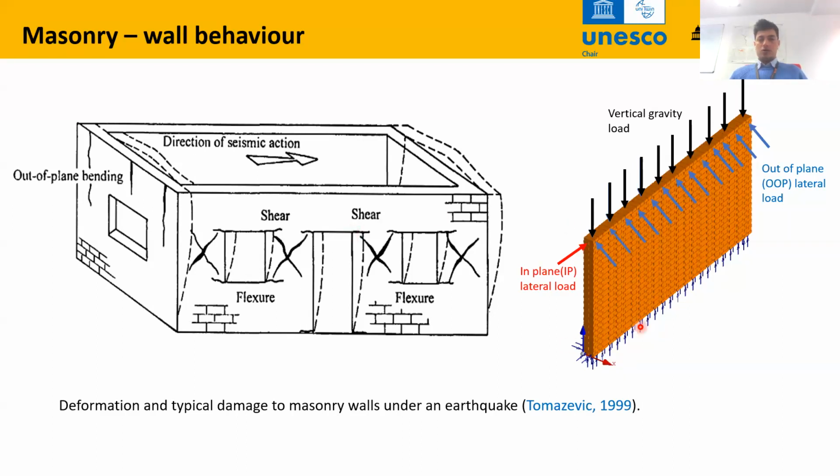And this is further elaborated in this figure on your right. We have gravity loading, in-plane loading, and out-of-plane loading. And depending on the loading direction, the masonry walls can suffer different types of failure modes, as you can see here, but we will see at individual wall level in the next slides.